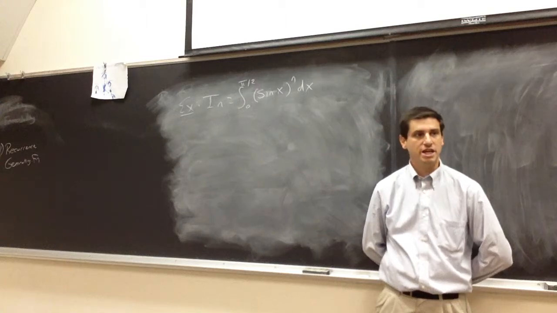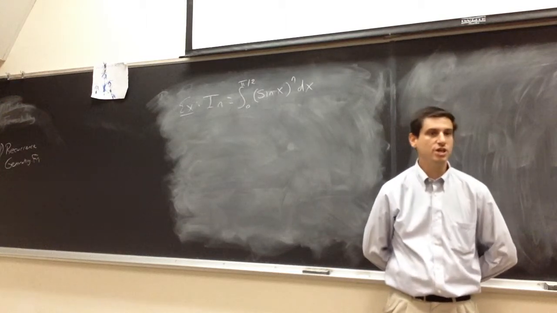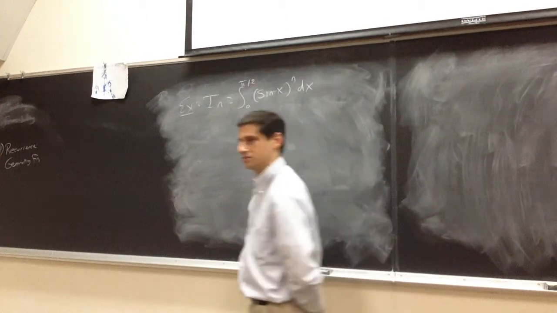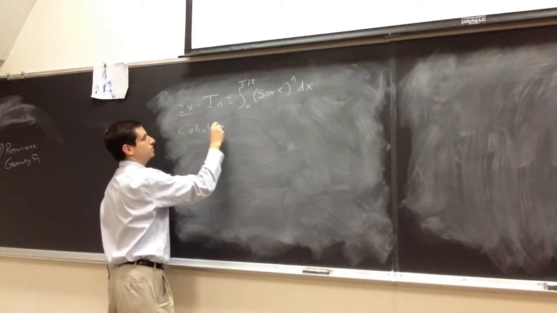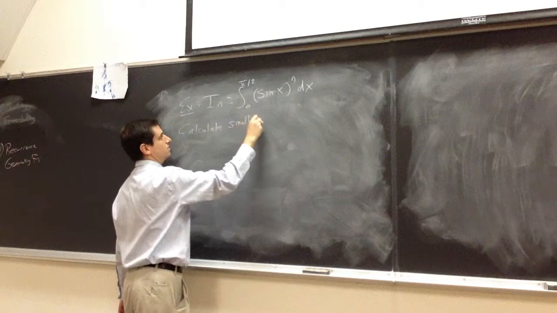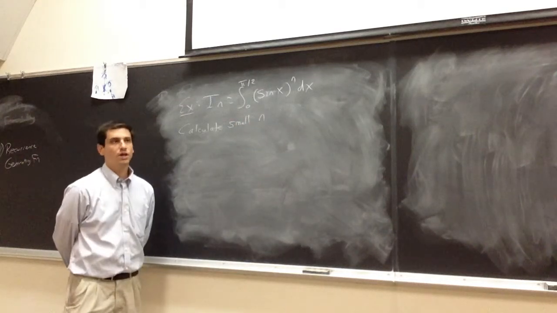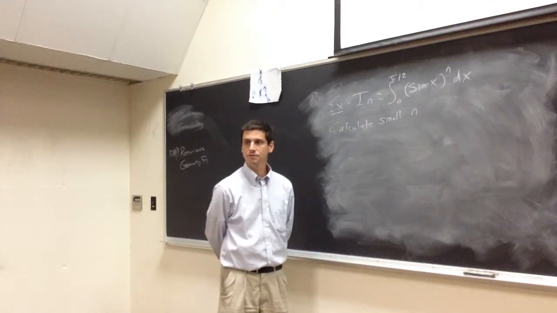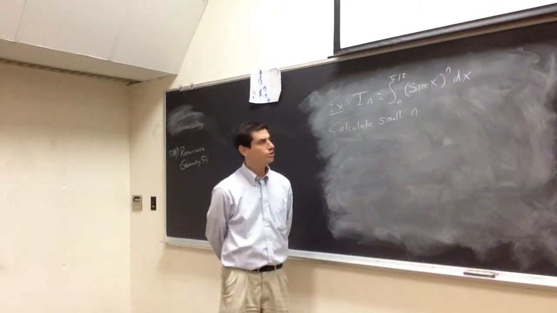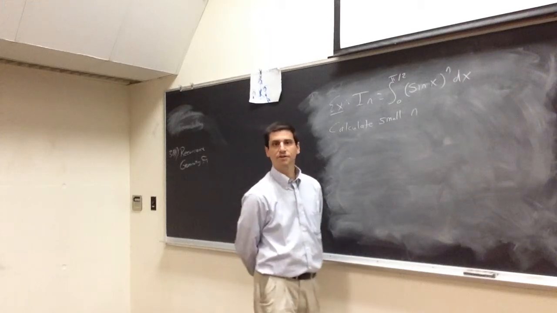Try small cases. If you can program in Mathematica or some language, it's not so hard to do some small cases. So calculate small n. Do we think that there's going to be any difference if n is even or odd? Why could there be a difference if n is even or odd?